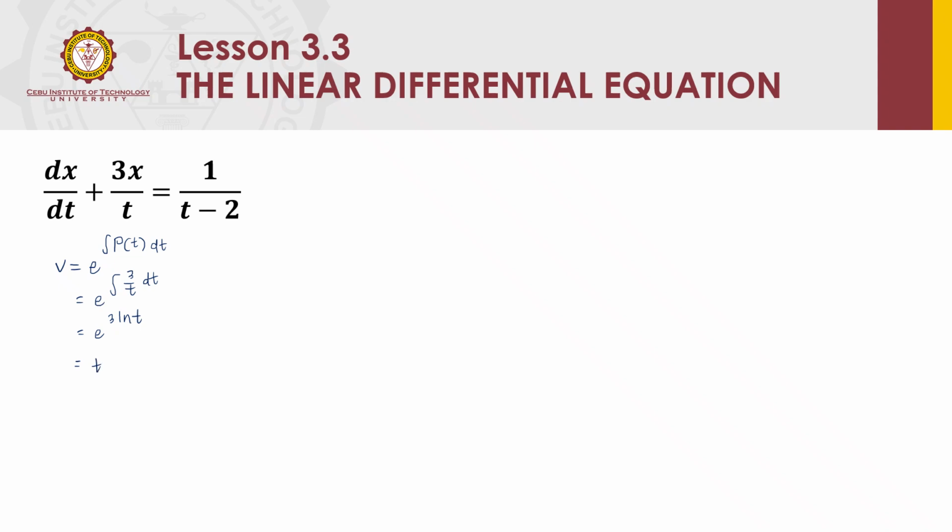or simplifying it further, it's t cubed. So multiplying that to the dependent variable x, the right side of the equation is the integral of the integrating factor t cubed multiplied to the function located on the right side of the equation, 1 over t minus 2, integrated with respect to t, plus the constant of integration.